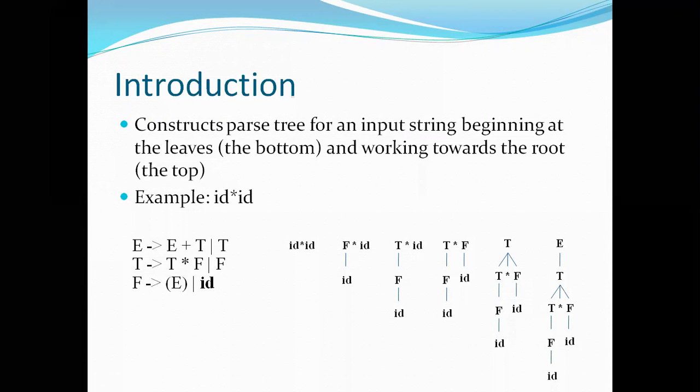What is bottom up parsing? We construct a parse tree for the input string beginning at the leaves and working towards the root. So in this example we have to understand how to construct the parse tree by using this bottom up parsing technique for this grammar. Do all of you understand this? Is there any doubt?